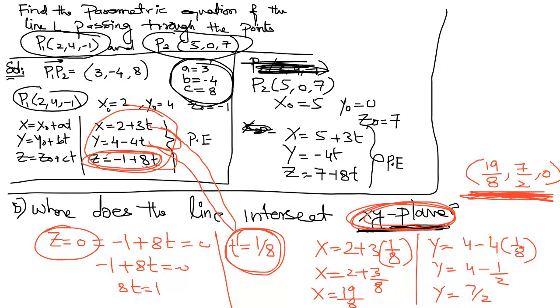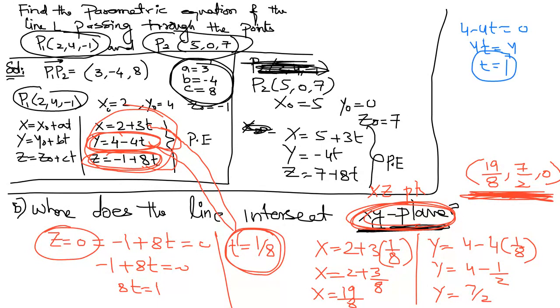For example, in the exam, it is given that you have to find the xz plane. xz plane means y is equal to 0. So when you put y is equal to 0, that means 4 minus 4t is equal to 0. 4t is equal to 4, t is equal to 1.